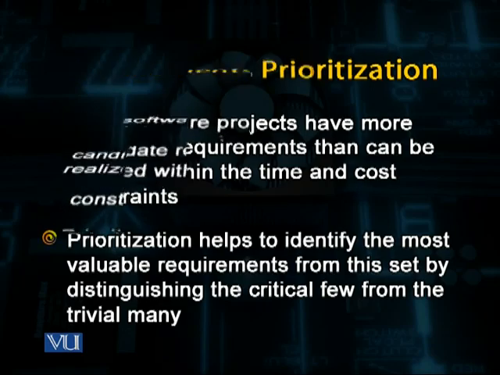And that's very important because you have a large pool of requirements that a lot of stakeholders want to be included in the final product, but you don't have the time and you don't have the money to include all of them. And in some cases, you may not have the human resources available as an added constraint to complete the development of the product within a short delivery cycle.